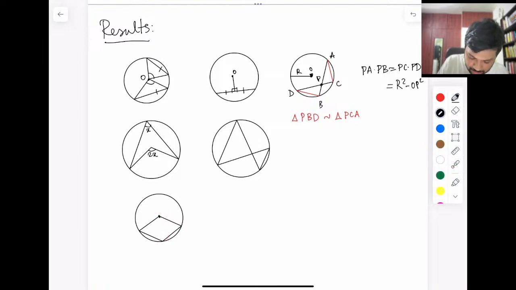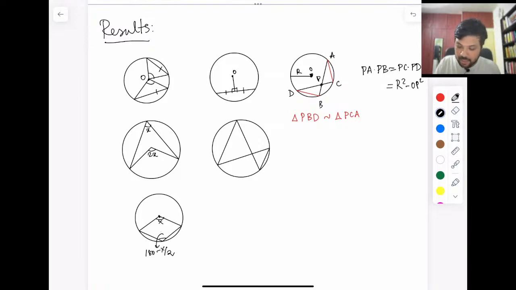Or sometimes we'll simply say that if this is x, then that would be 180 minus x by 2.